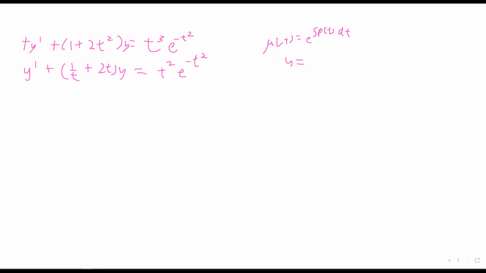Wait, so is there or is there not a negative in the middle? No negative, as long as you use the general formula, integral of mu g dt plus c over mu. Okay, but you don't use the general formula, which you would only do if g was equal to 0. Then you would simply write y equals c over mu, where mu equals e to the integral of p dt.